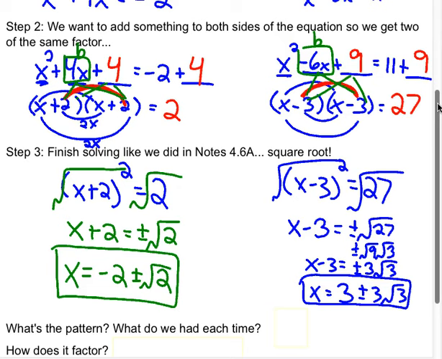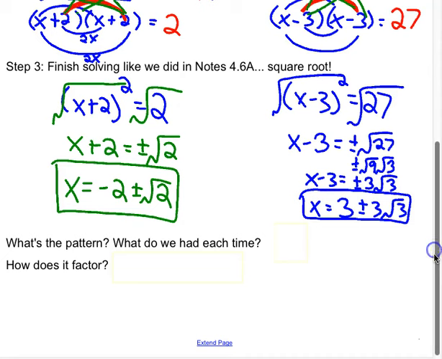So there actually is a pattern to this. Every single time you were dividing B in half and then squaring it to find out what you were adding to both sides of the equation. Then that always led to the factor of x plus B split in half or x minus that B split in half.